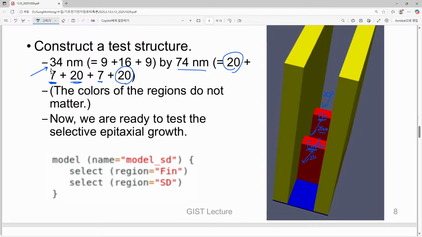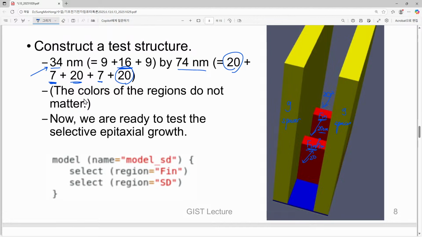Here we have 34 nanometer, corresponding to 9 for our spacers, and also 9 for our spacers. And in this case, we have 16. This 16 nanometer is reserved for our source drain region.